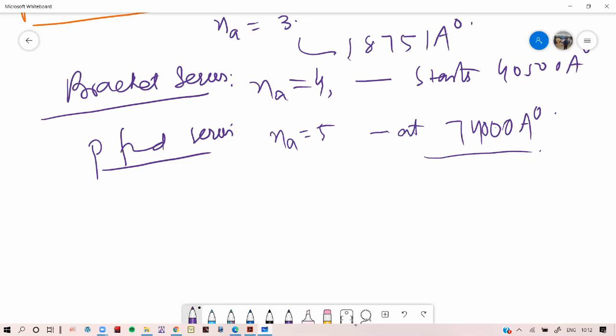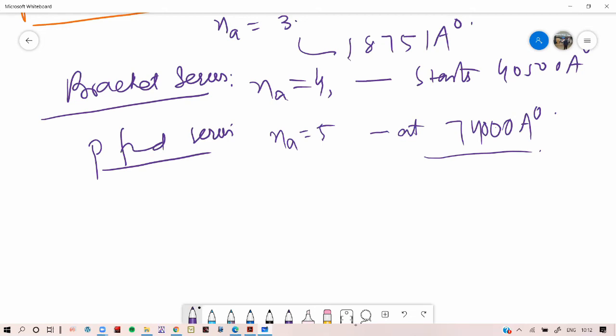And after seeing this analysis by Balmer, Rydberg said that for other atoms, these were for the hydrogen atom or the one electron atom. Hydrogen is treated as a prototype for all the one electron atoms, like helium 1 plus, lithium 2 plus. Those all become one electron atoms.